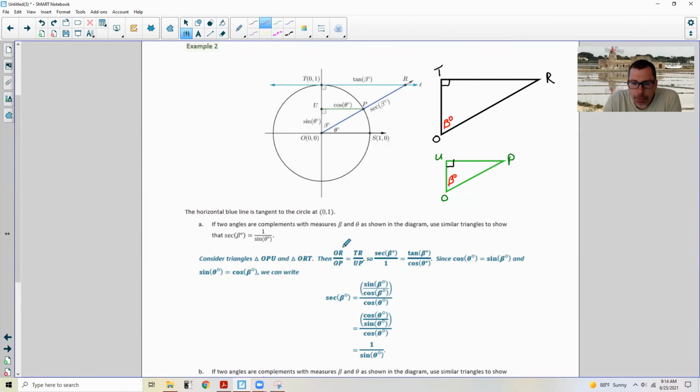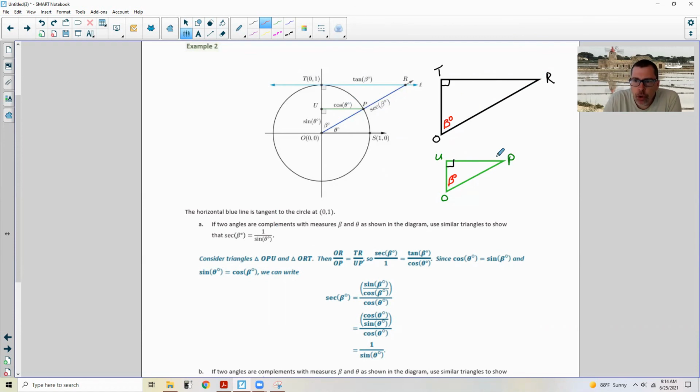Okay, so then we can set up a proportion. So we're going to say side OR, the big triangle, is to OP, the little triangle's hypotenuse. That is equal to TR, which is the tangent of beta, to UP, which is the cosine of theta. Following that?